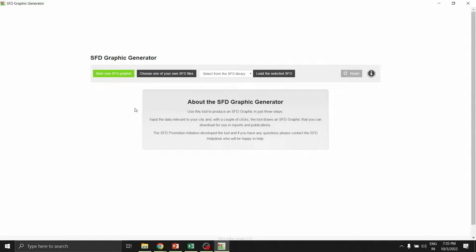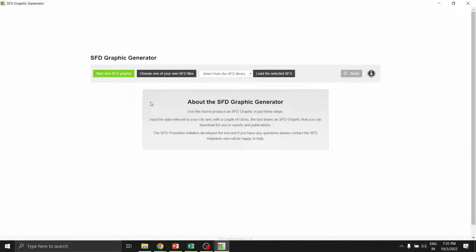So a shit flow diagram essentially helps you to both calculate as well as represent very effectively the trajectory that any kind of sewage takes in any city.